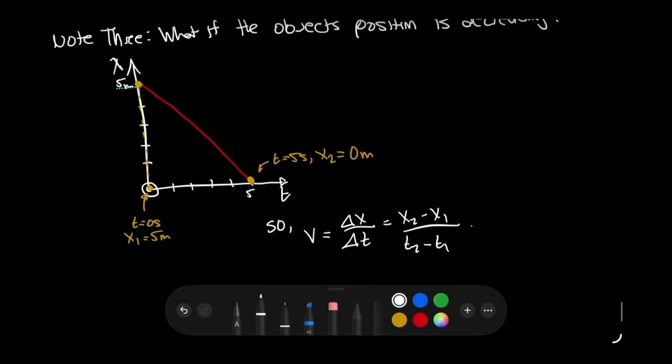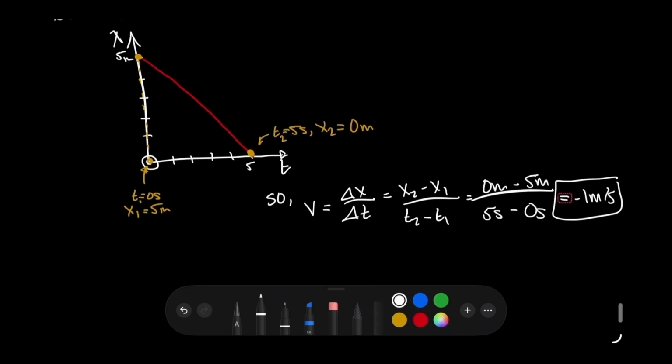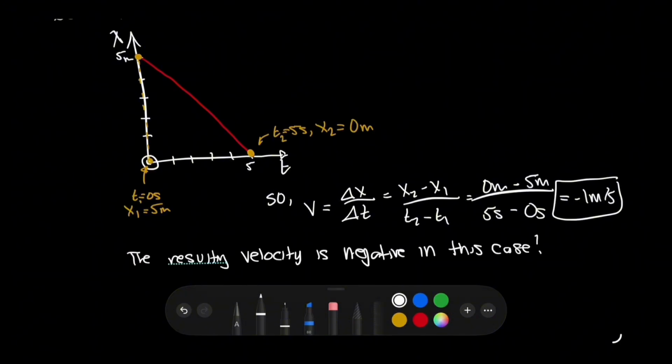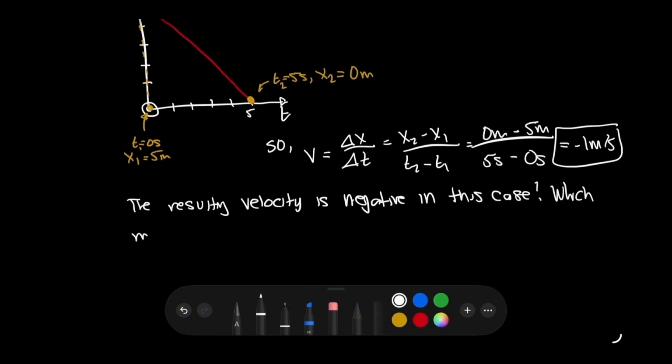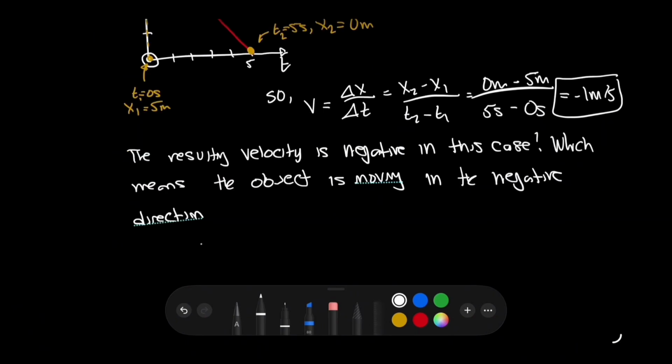And so if we use our velocity equation here and plug in our values for point 2 and point 1, we end up finding that the velocity is negative. So the resulting velocity for an object with a decreasing position is negative in this case, which means that the object is moving in the negative direction. And this makes sense because we saw in the above situation that the object travels from x equals 5 meters to x equals 0 meters, so position is decreasing.